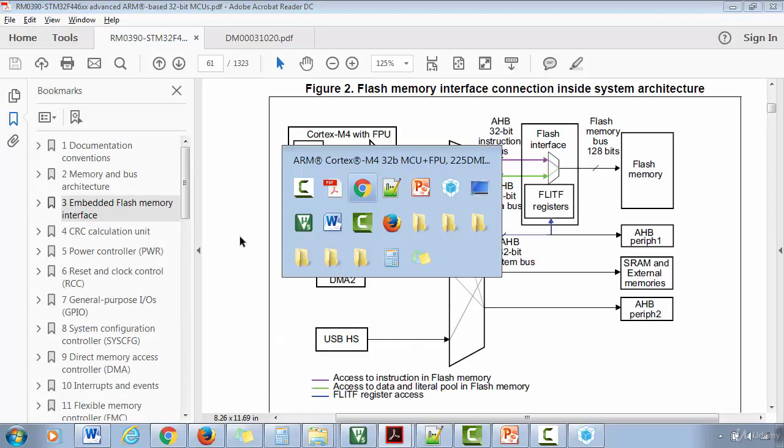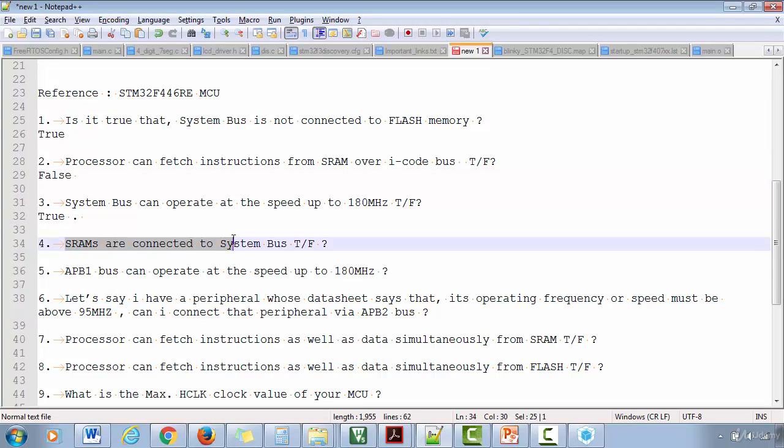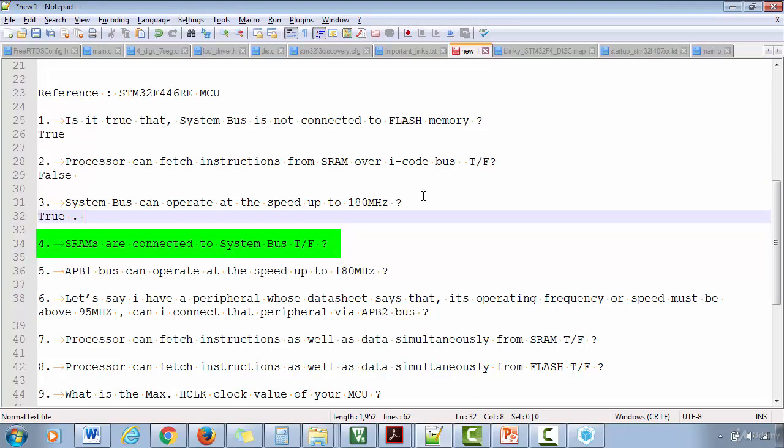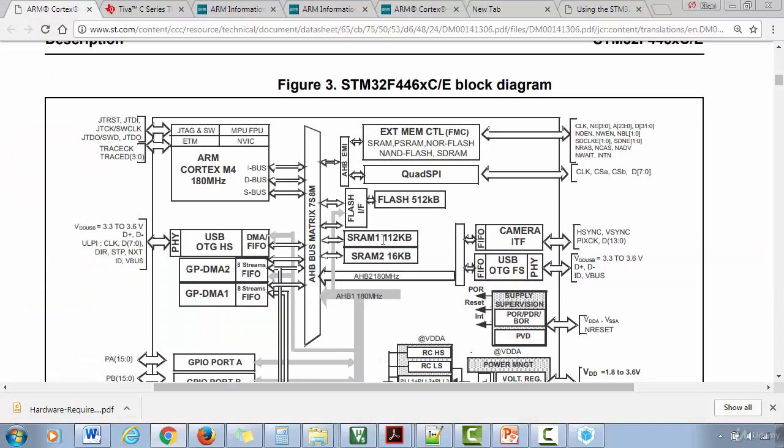Great. Now, SRAMs are connected to the system bus. True or false? That's correct, right? The SRAMs are connected to the system bus over this bus matrix. Don't worry, I will explain the bus matrix in the next lecture.